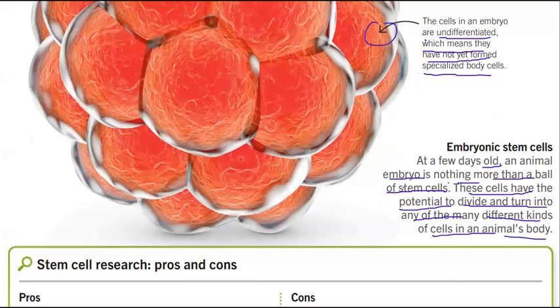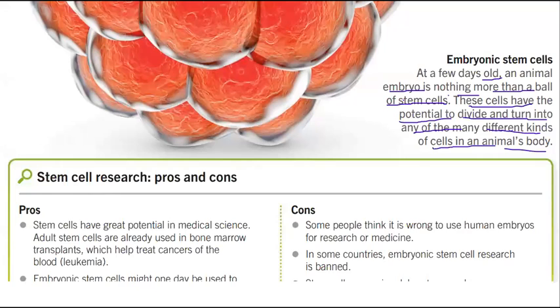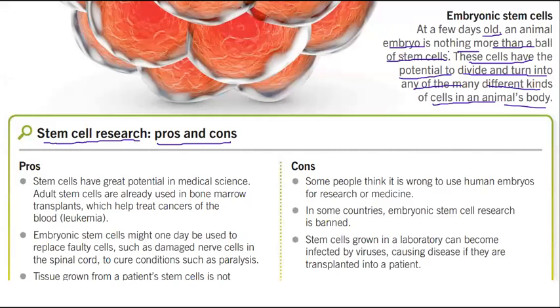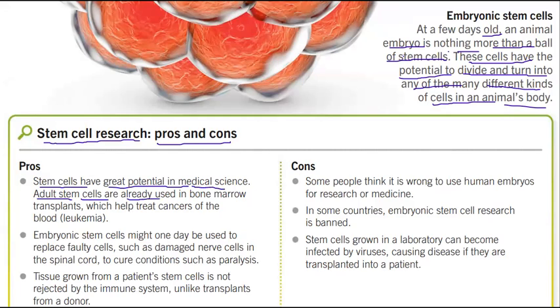Now we can observe here stem cell research, pros and cons. Stem cells have great potential in medical science. Adult stem cells are already used in bone marrow transplants, which help treat cancers of the blood, that is called blood cancer, or leukemia.